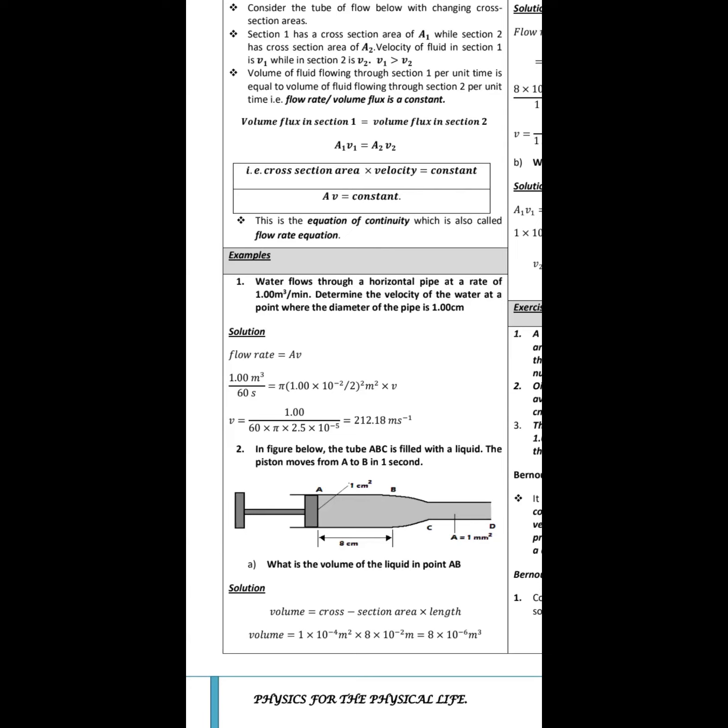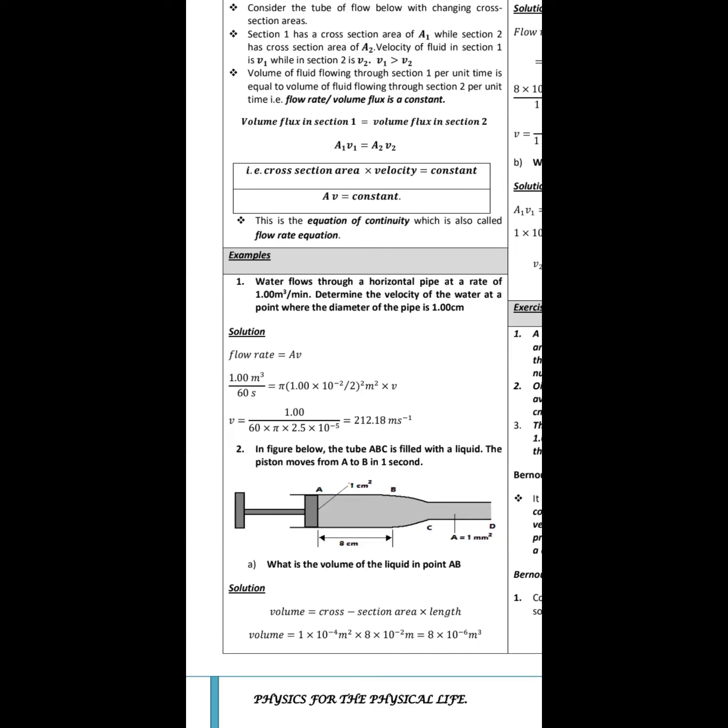Now the formula we are using here is flow rate equals volume flux. Flow rate equals volume over time equals cross-sectional area A multiplied by V. V for this case is the velocity.